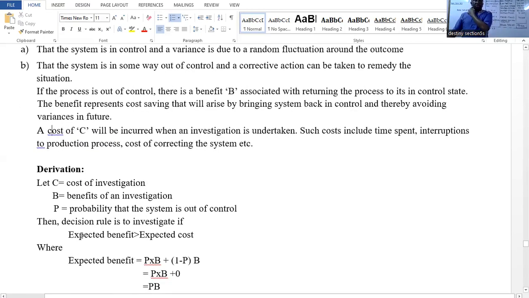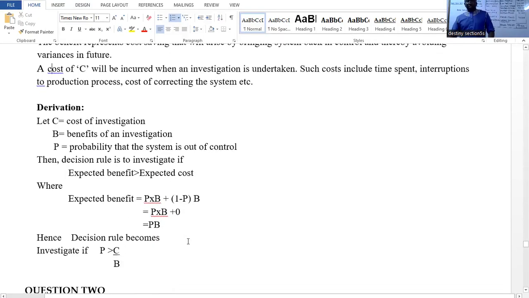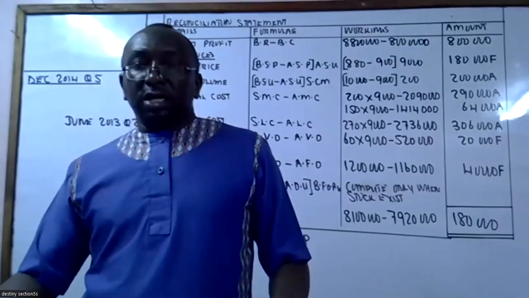You let C be the cost of investigation, B the benefits, and P the probability that the system is out of control. And then the decision rule is to investigate if the expected benefits are more than the expected costs. That is when you investigate. And these are the formulas that we use. That is what we shall do in our next lesson.